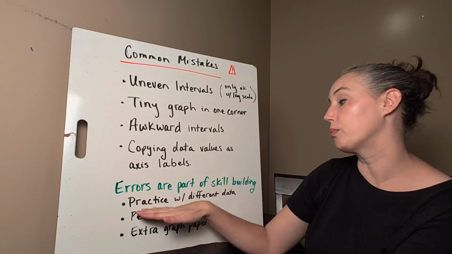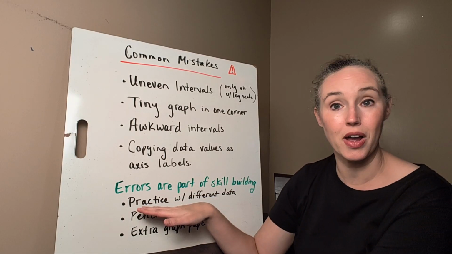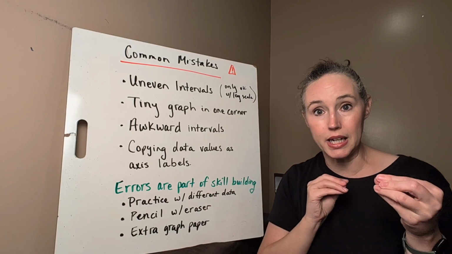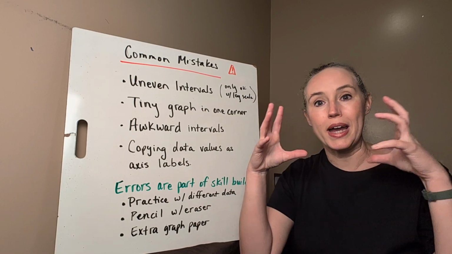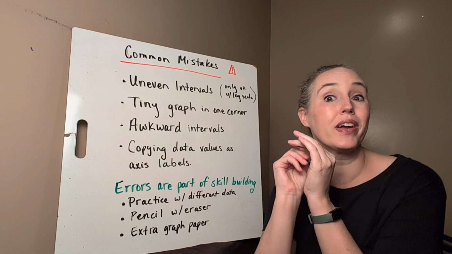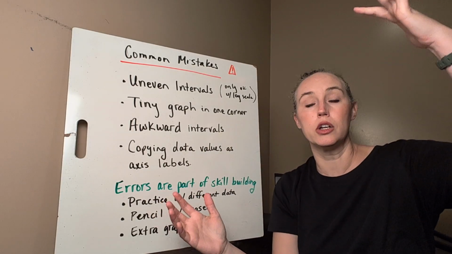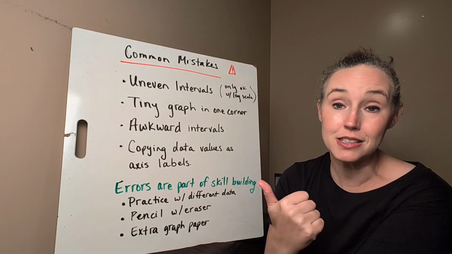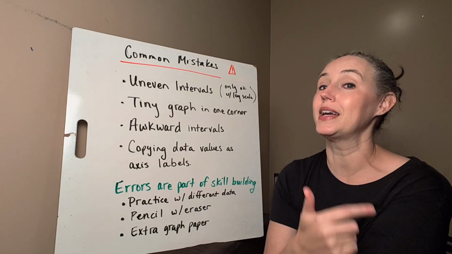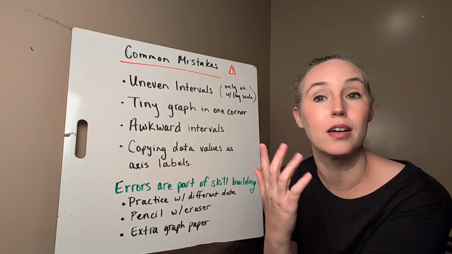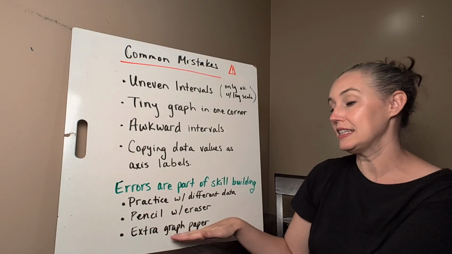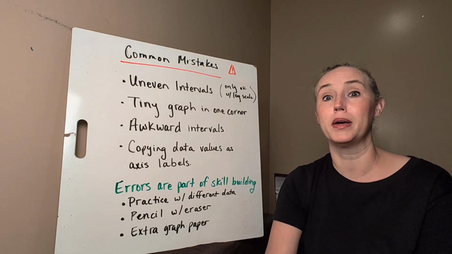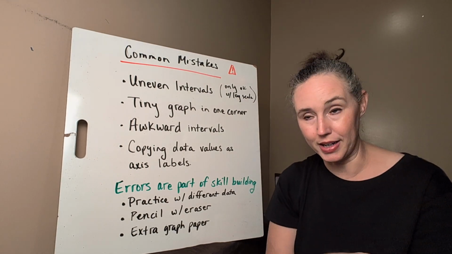So when you're practicing or having your students practice with different types of data and different ranges of data, some very small, some very huge, some in between, be sure you're using pencil with an eraser because mistakes are going to happen, and have some extra pieces of graph paper, because sometimes it's better to start over than erase.